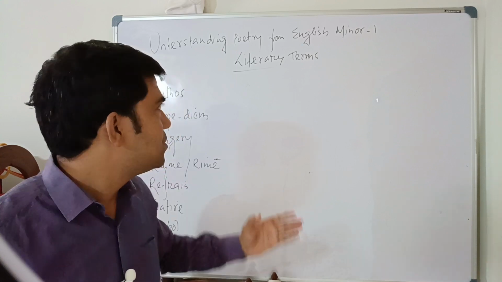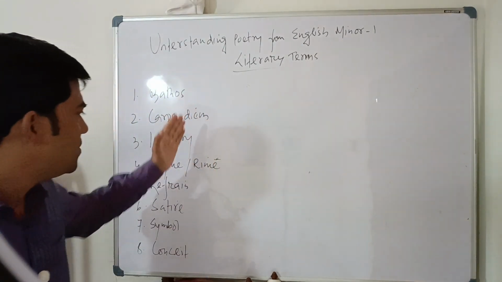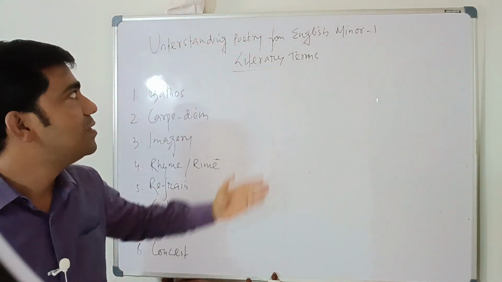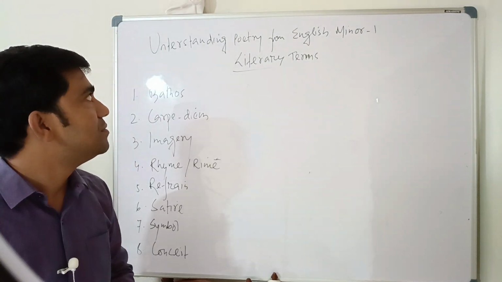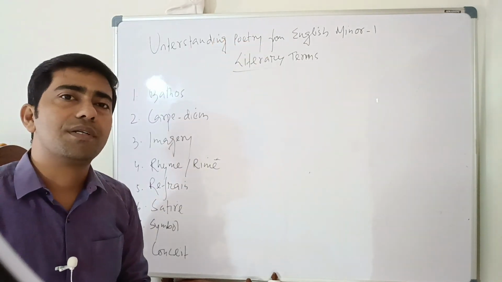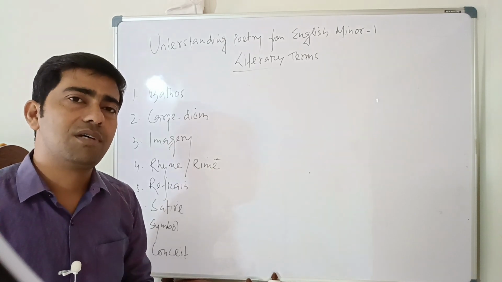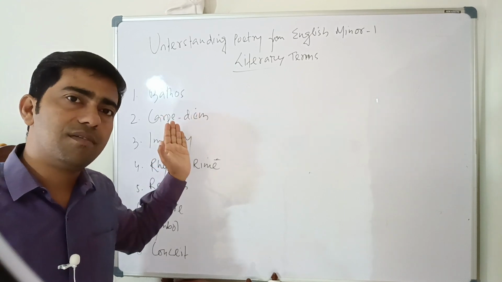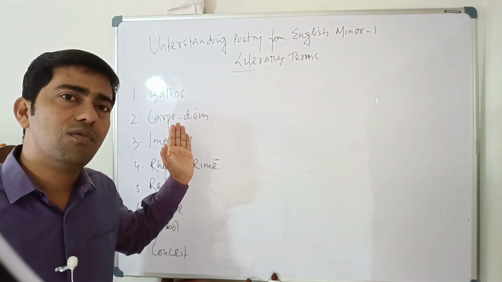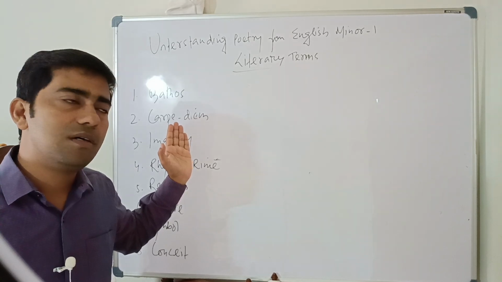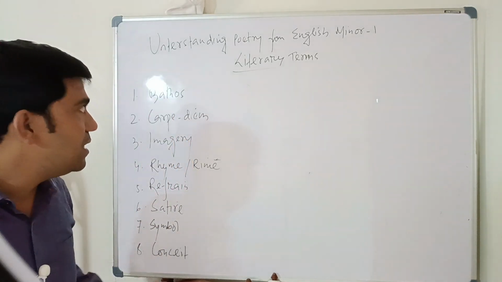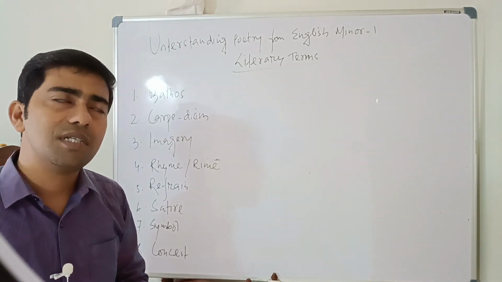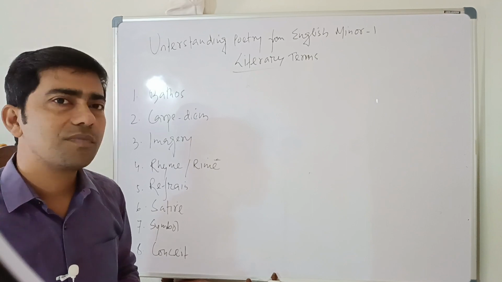So this video is all about the rest of the literary terms prescribed in the understanding poetry paper. There were a total of 16 terms. The first 8 terms had already been discussed, and the last 8 terms are going to be discussed in this video.